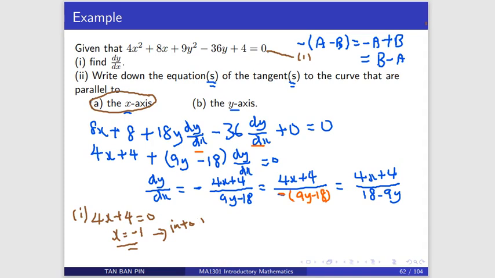If you sub into equation 1, then it should be 4 bracket minus 1 squared plus 8 bracket minus 1.